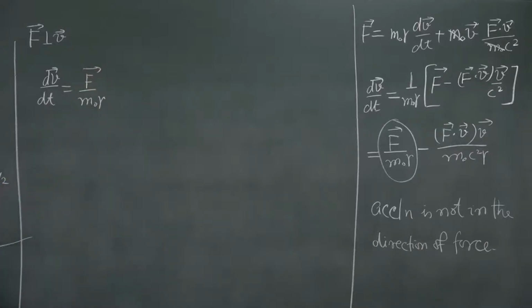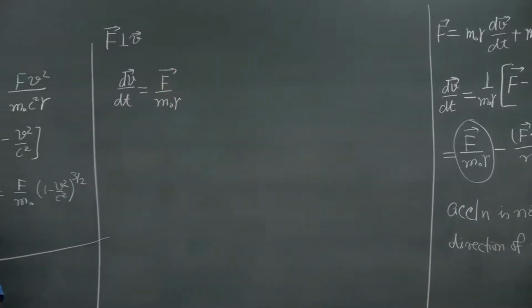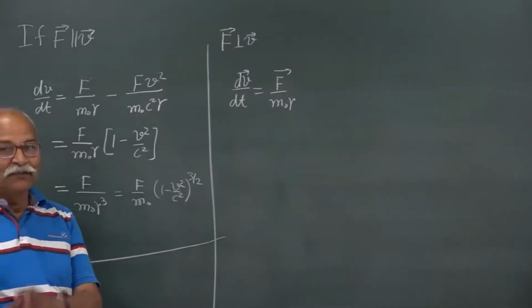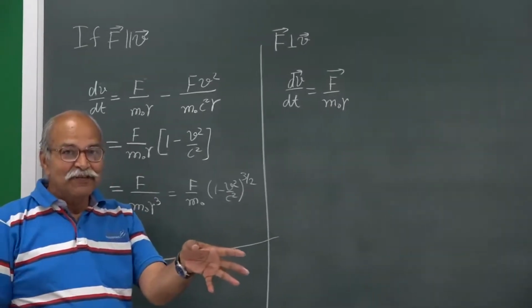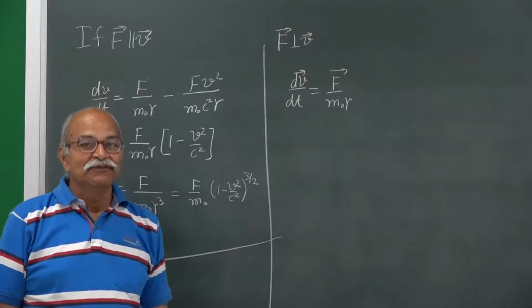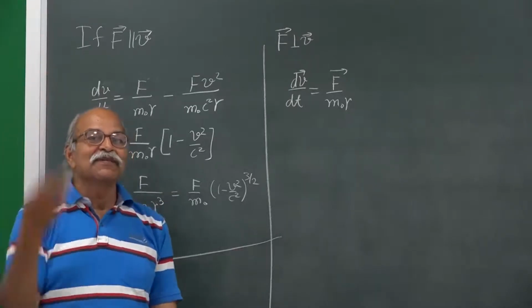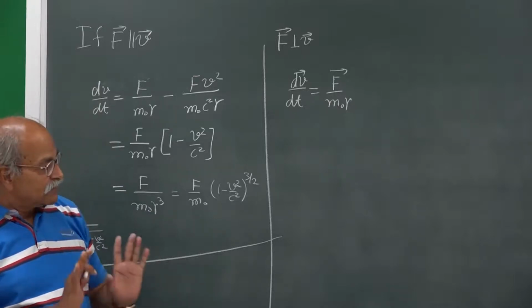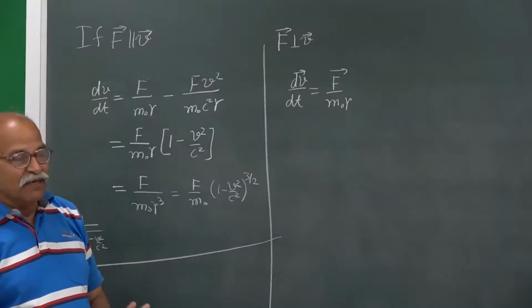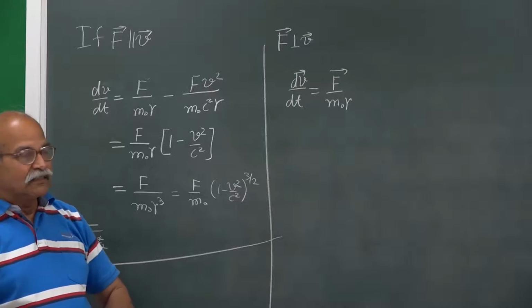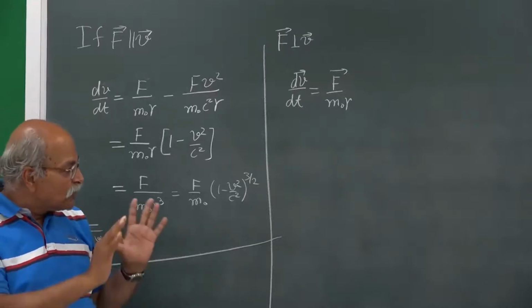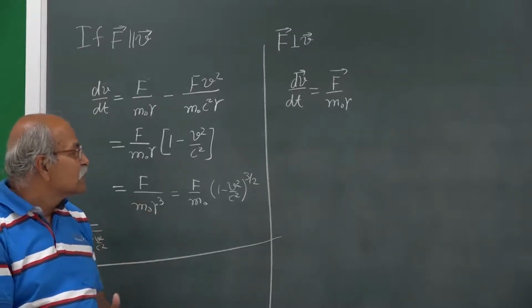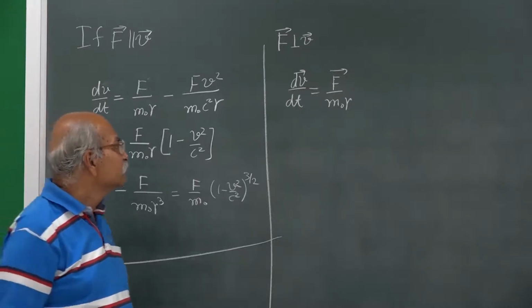So if you want to define mass from f equal to ma, your mass will be different for velocity parallel to the force and velocity perpendicular to the force. So no sense. The best thing is that mass just means rest mass, that is all, and after that the form of the equations and expressions are different.